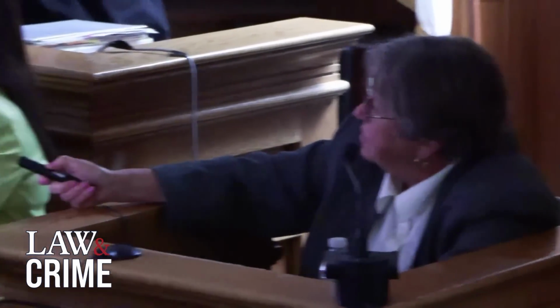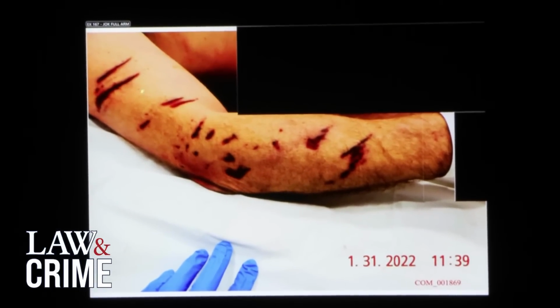Well, there are multiple groupings of wounds. Do you have the pointer? I do. And if you could use the screen that Her Honor has requested. So there are multiple groupings of wounds right here. Here's one on what I'll consider the upper arm, which is above the elbow. Here's another grouping.